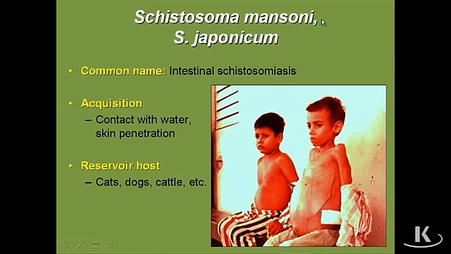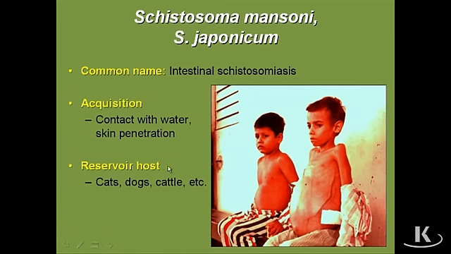How do you acquire schistosomes? You swim or you are around water that's contaminated with schistosomes, and they penetrate intact skin. One of the ways could be when you're swimming in infested water. Another scenario that they can give you is people that work in rice fields, because they are in standing water in the rice fields, and the schistosomes again can penetrate the intact skin.